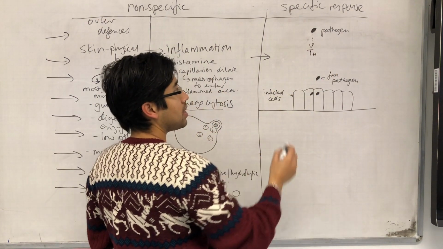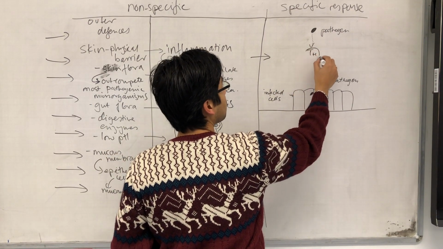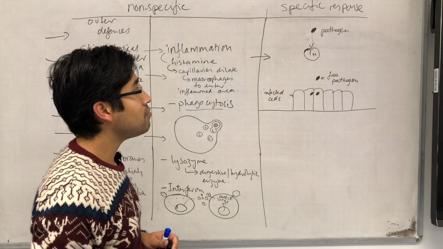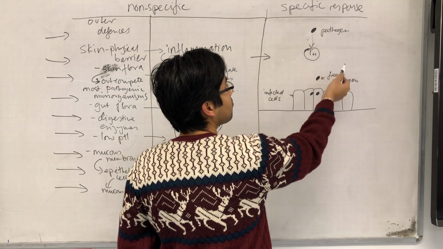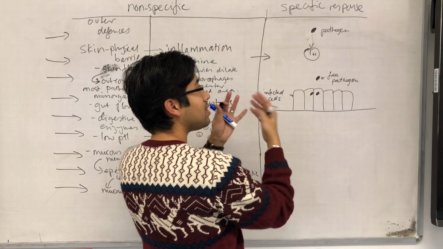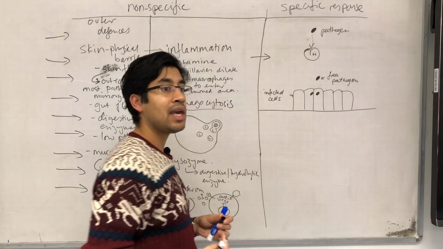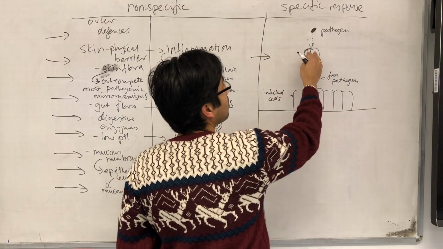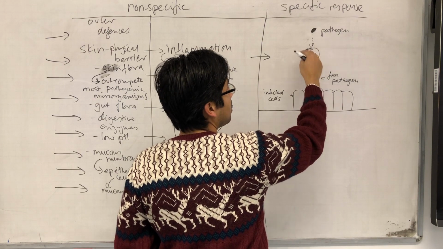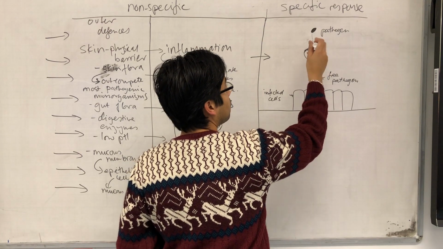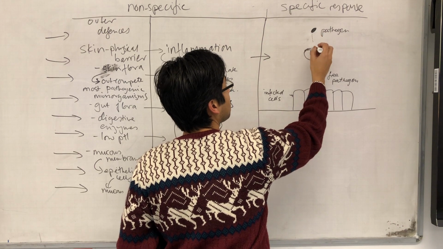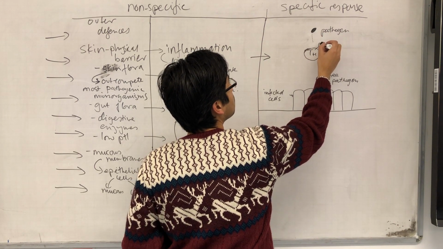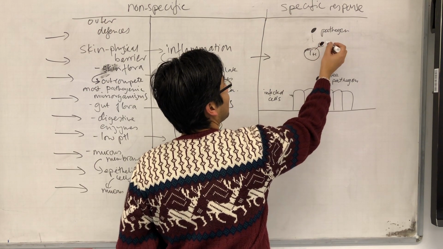T helper cells. So these are lymphocytes in the body, a specific type of blood cell, called lymphocytes. And these T lymphocytes or T cells have a specific subpopulation called T helper cells. Now the pathogen specifically activates a T helper cell via the T helper cell having a receptor that is complementary to that antigen.